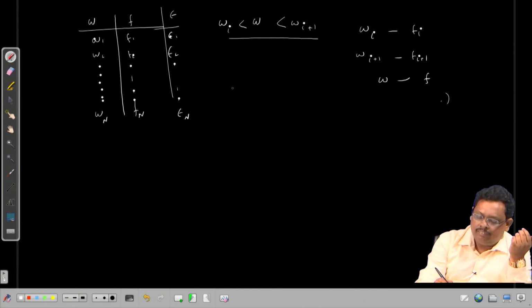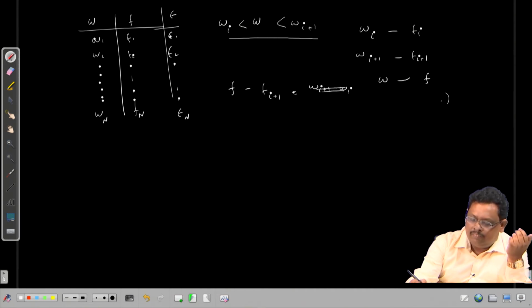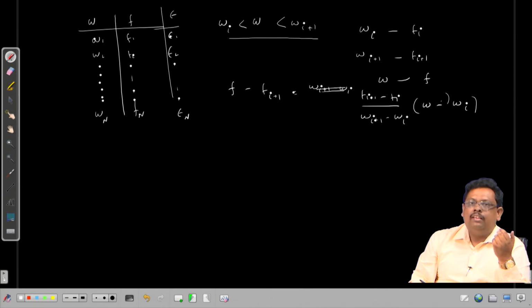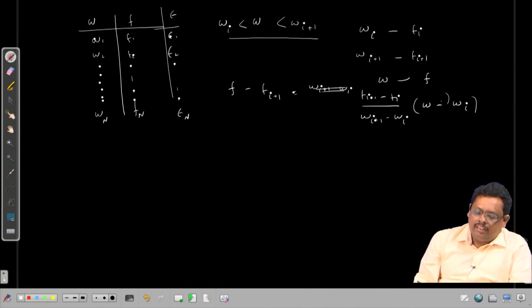So, it is f minus f of I equal to, I am sorry, it is f of I plus 1 minus f of I divided by omega I plus 1 minus omega I, multiplied by omega minus omega I. So, this is a simple linear interpolation, right.